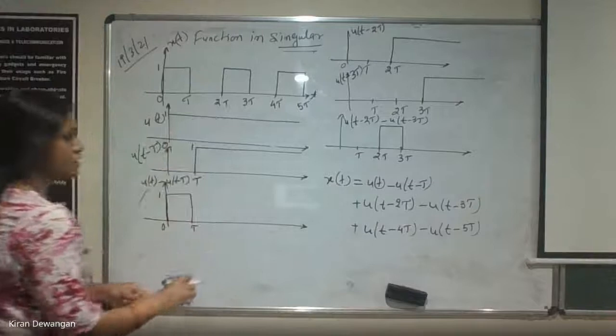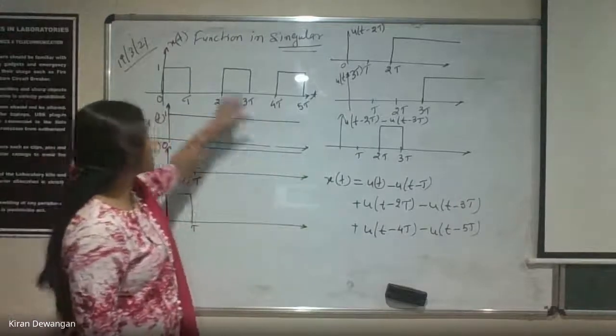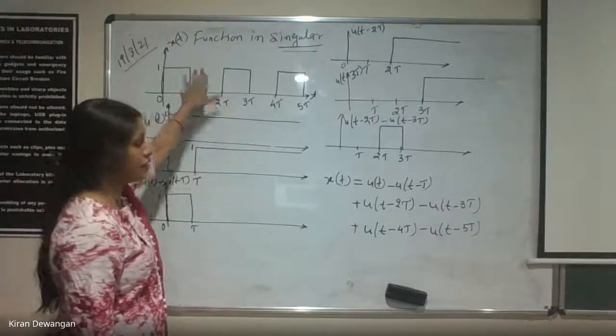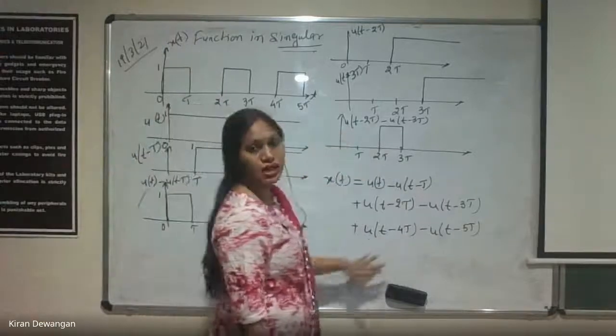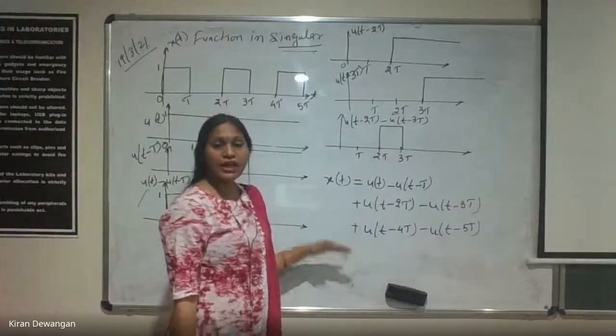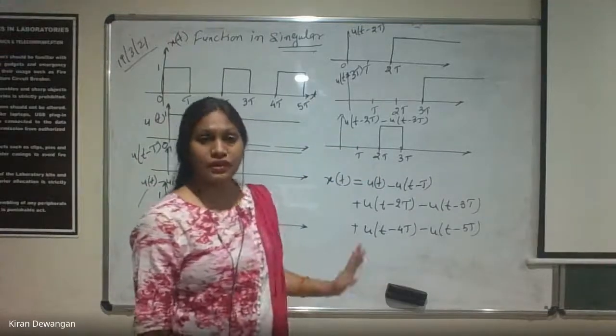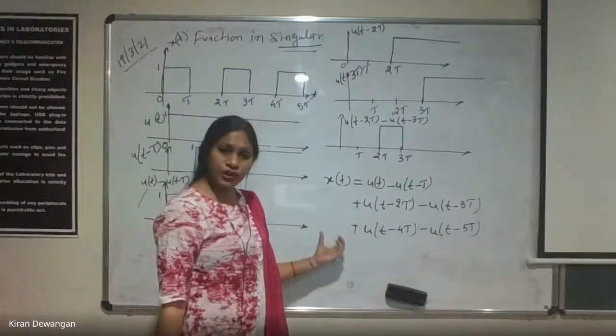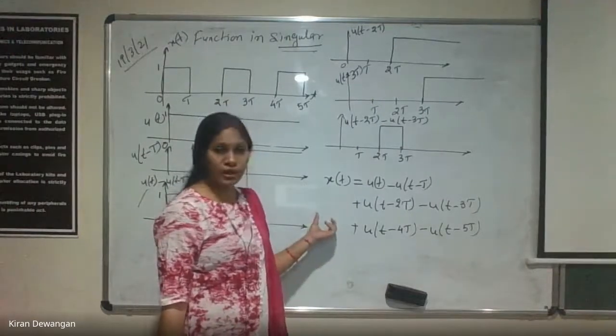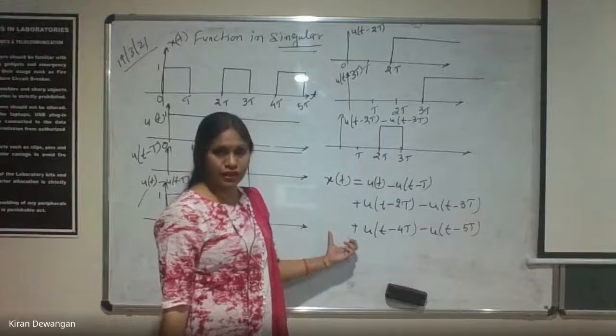Correct? So this is how we can express this particular function in terms of singular functions. Clear? We can take any of the singular functions whichever is comfortable to us. यहाँ पर u(t) comfortable है. This is how we have made use of u(t) here. ठीक है?